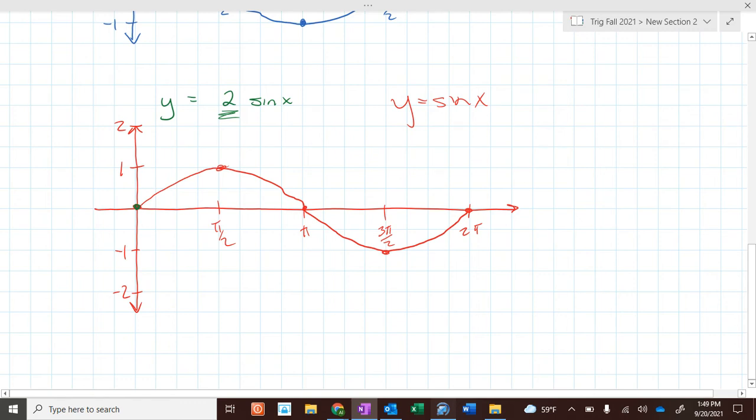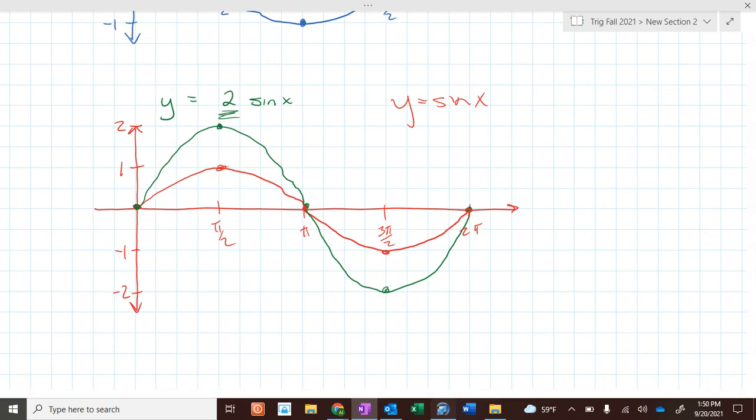So 0 times 2 is 0. 1 times 2 is 2. 0, -2, 0. So your graph should look like that. Twice as high, twice as low. It's got little squiggles in it, but it's not that bad.